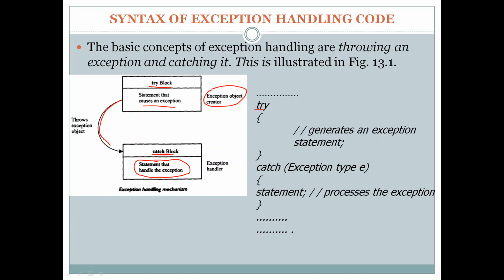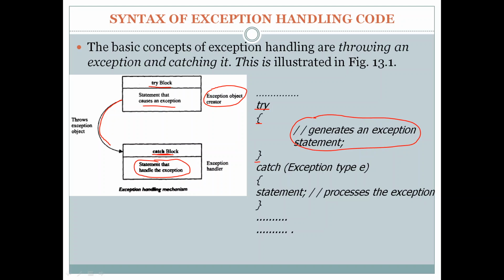We have try. The keyword try is used for handling exceptions. The try block generally includes statements which may generate an exception. So we have the open bracket of try and the close bracket of try, and in between we include statements which may generate an exception.